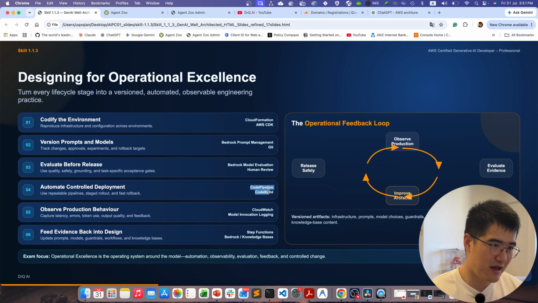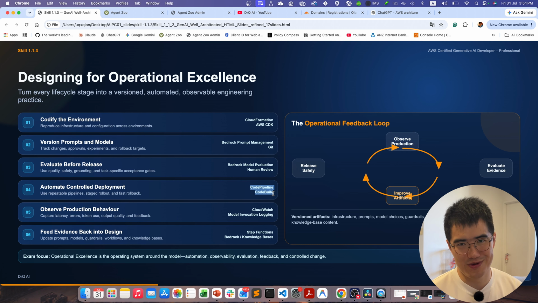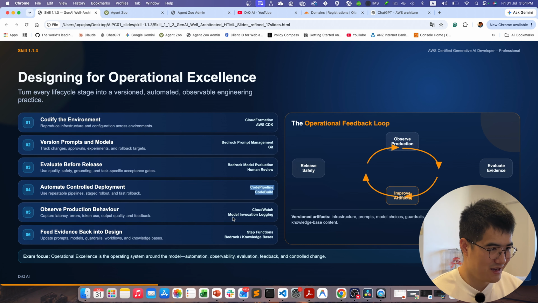For CI/CD, we can use CodePipeline or CodeBuild, or we can use GitHub Actions. For observation, we can use CloudWatch, and the model invocation logs will also go to CloudWatch to observe what's going on.